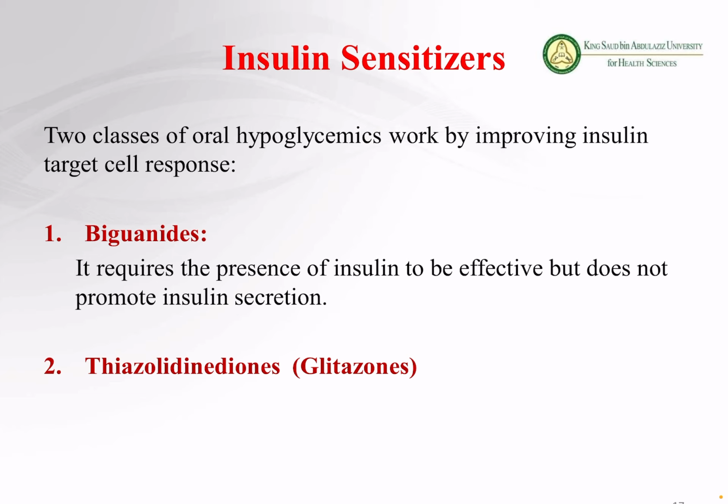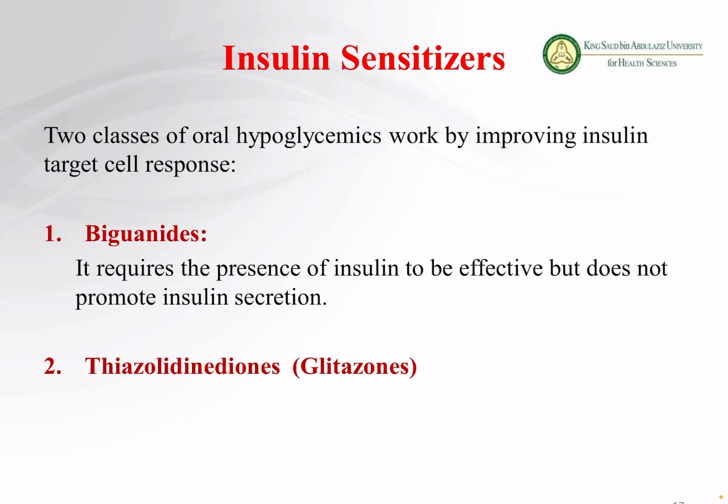They don't secrete insulin. First we have biguanides, which require the presence of insulin to be effective, but biguanides do not promote insulin secretion. Then the second one is the thiazolidinediones, which are also called glitazones. These are the two categories which work as insulin sensitizers.